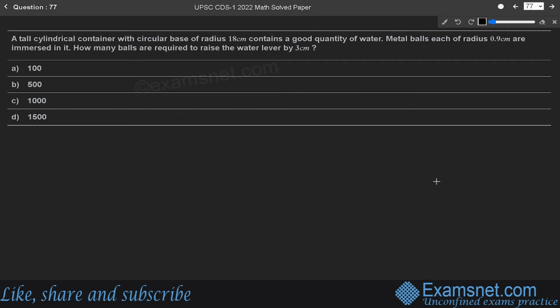We have to find how many balls will be required to raise the water level by 3 cm. The radius of the base of the cylindrical container is given, which is 18 cm, and the radius of the metal balls is 0.9 cm.